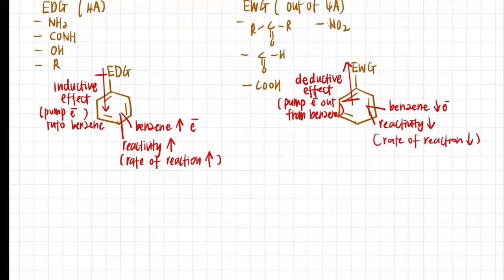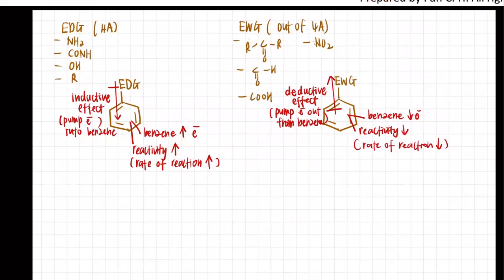Next, always remember electron donating groups will prefer ortho and para positions. But EWG will follow meta positions.